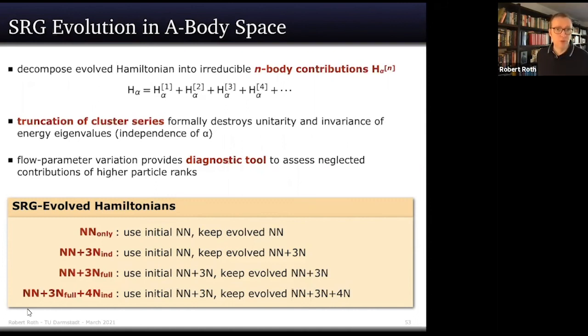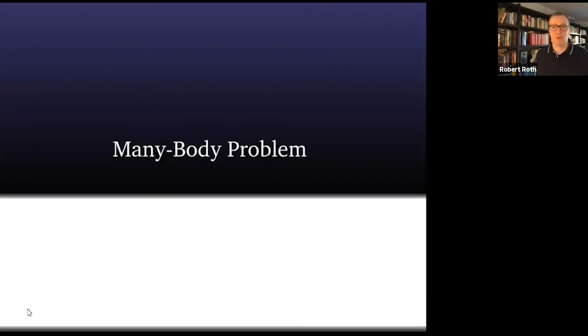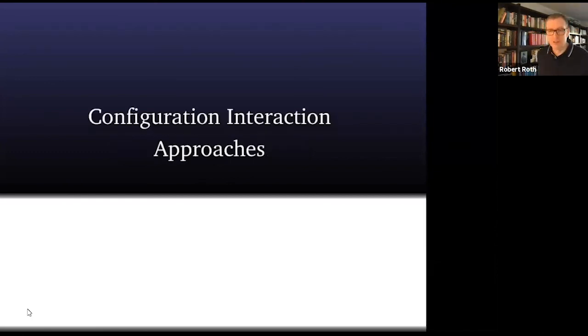Okay, more questions? Okay, so just 10 minutes or so for the many-body problem. And we will not need much more because we've done it all. Essentially, you've seen the first calculations already, and these calculations are from a family of methods that we call configuration interaction approaches.